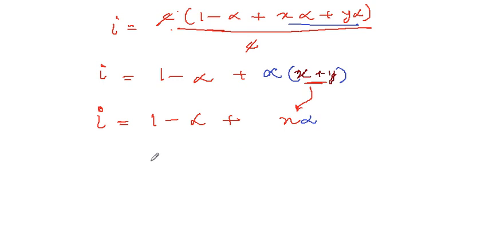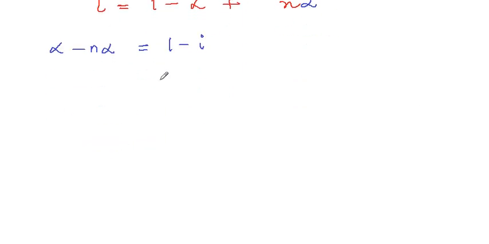If we simplify further, we can take the i on this side. So this is 1 minus i equals alpha minus n alpha, and we can take out alpha as a common factor, so this will be alpha times (1 minus n).